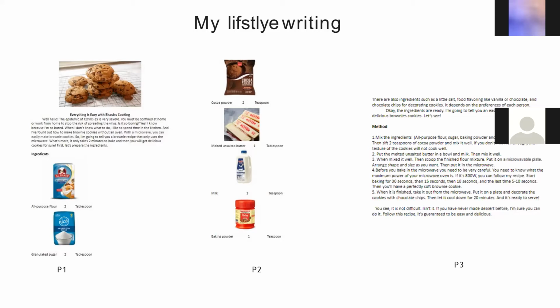Yes, and what's outstanding in my writing is the method that I came up with, my own recipe. Yes, I like cooking, and this method is my own recipe that I try to write as a method, keep it short, and I think the audience can understand because I try to make it short.